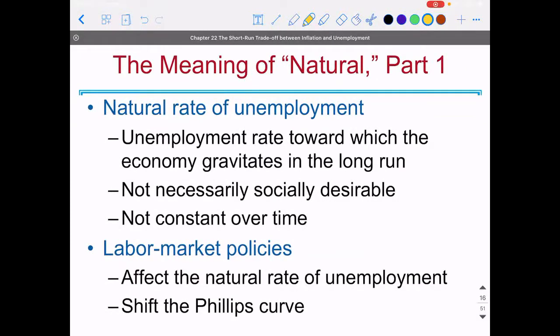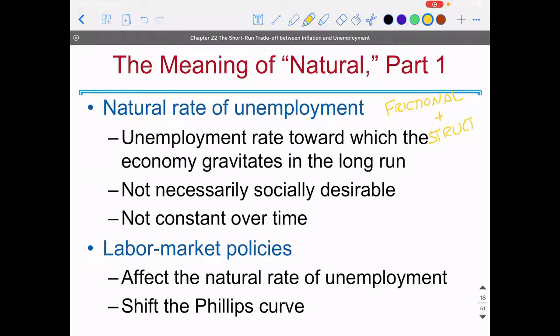It bears mentioning what it means to say that we have a natural rate of unemployment. It doesn't mean that it's zero. It doesn't mean that it's the rate that you want it to be. Rather, it's basically the natural frictions, the frictional unemployment plus the structural unemployment.